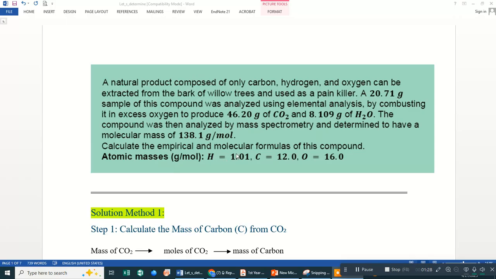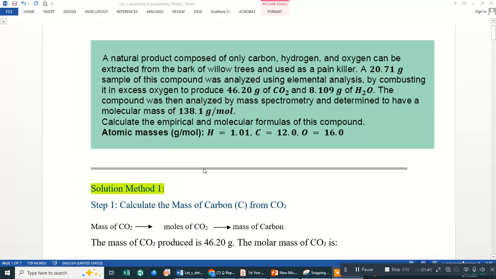First thing, always keep in mind, to calculate the molecular formula we always calculate the empirical formula first. An empirical formula contains some steps.